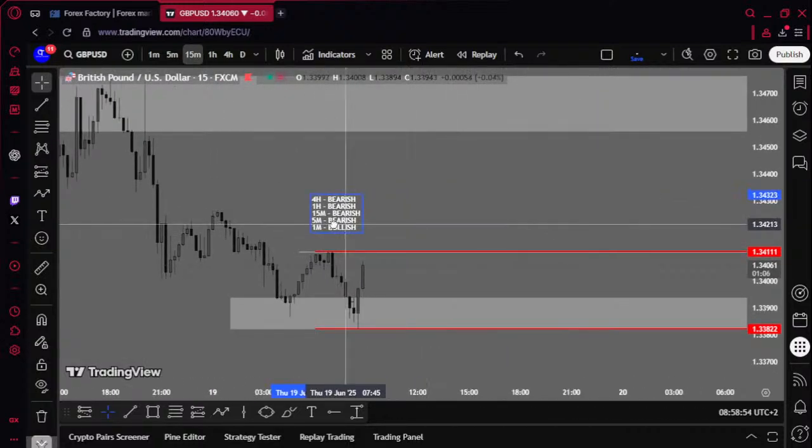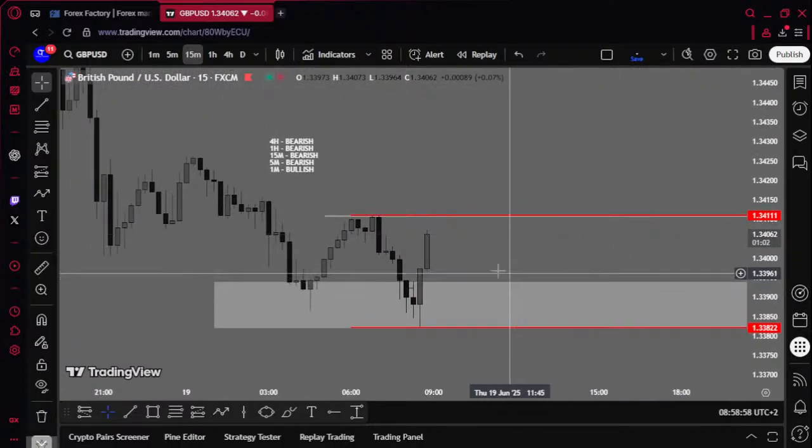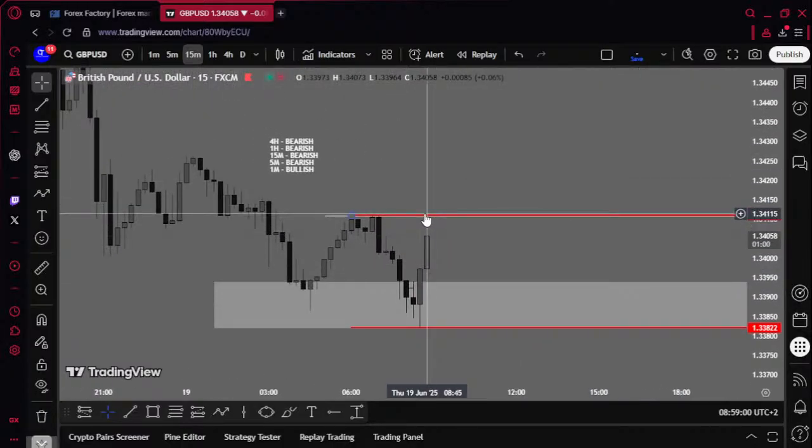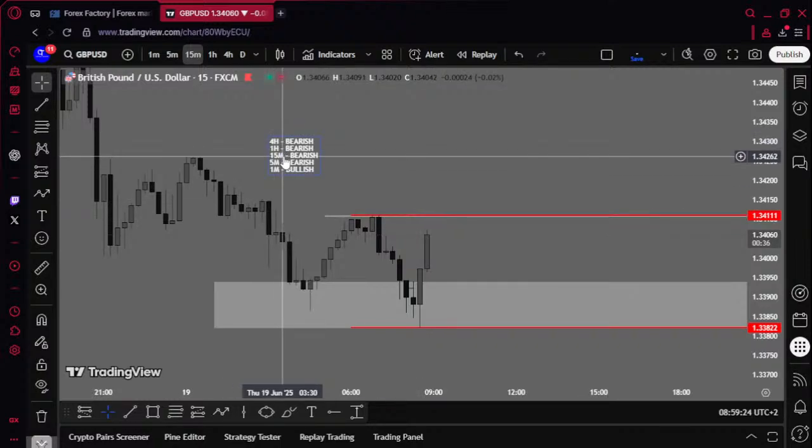But what you need to keep in mind is this long position is the lower probability trade. So out of these two potential trades, the short position is the highest probability because all of my time frames are bearish. But the long position is lower probability because look at this, 4-hour, 1-hour, 15-minute, 5-minute.